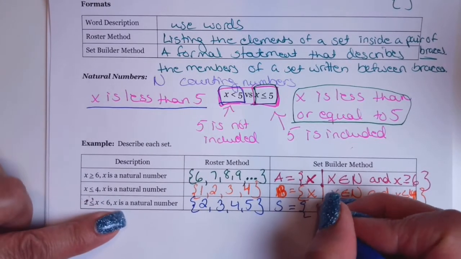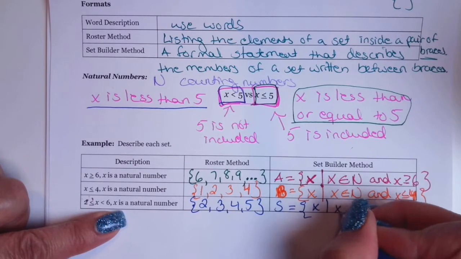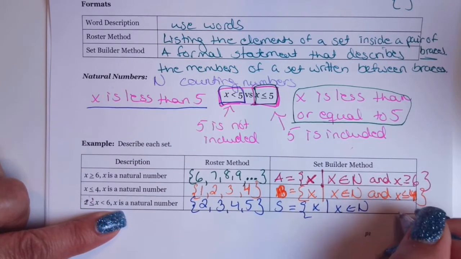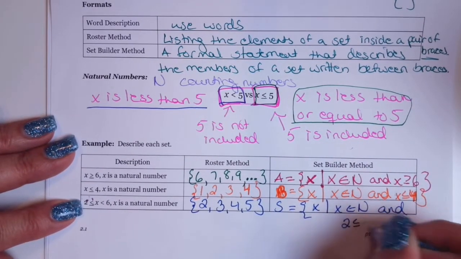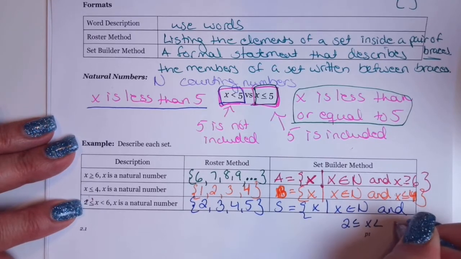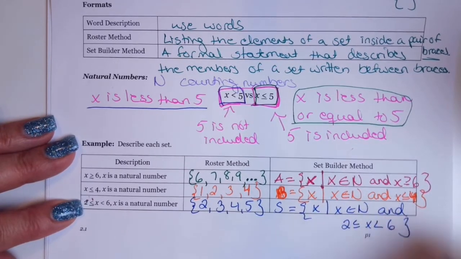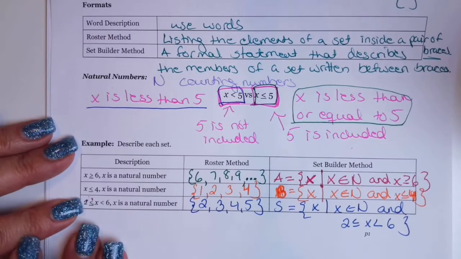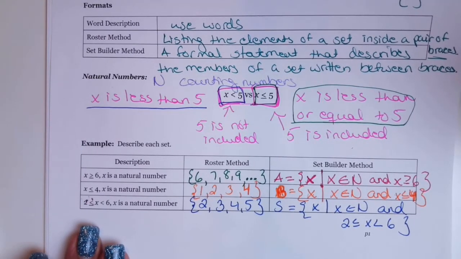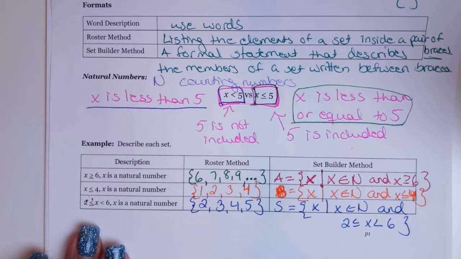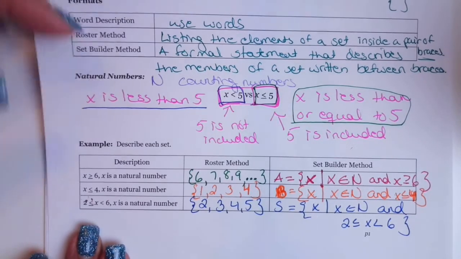Okay, again, we have x is such that x is a natural number, and now we're going to do this inequality here. 2 is less than or equal to x is less than 6, and close the brace. Okay, so there's the first page. Now let's move on to the second one.